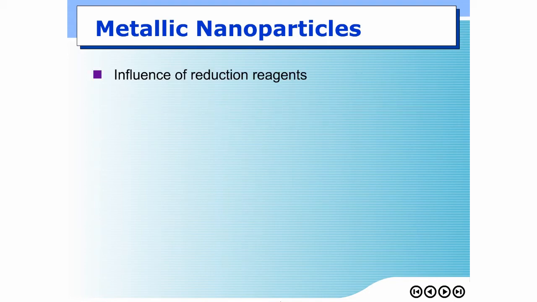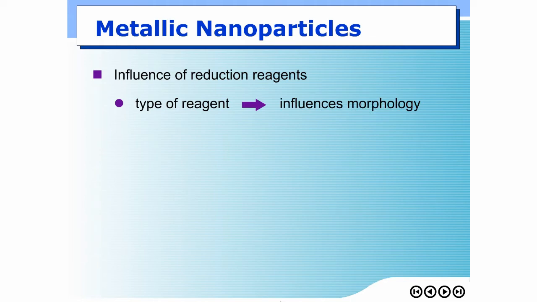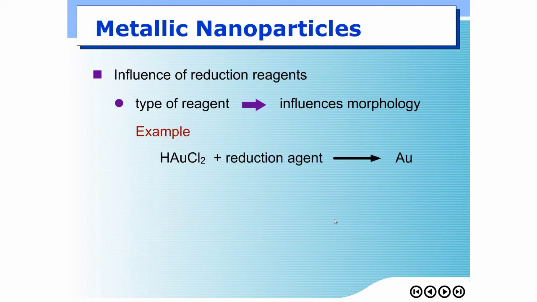In each factor, for instance, reducing agent, if we change the type of reducing agent, of course it would change the product. Okay, it's not specifically influencing morphology, but it will definitely change the product. Why? Because different reagents or different reducing agents give you different strength for the reaction.